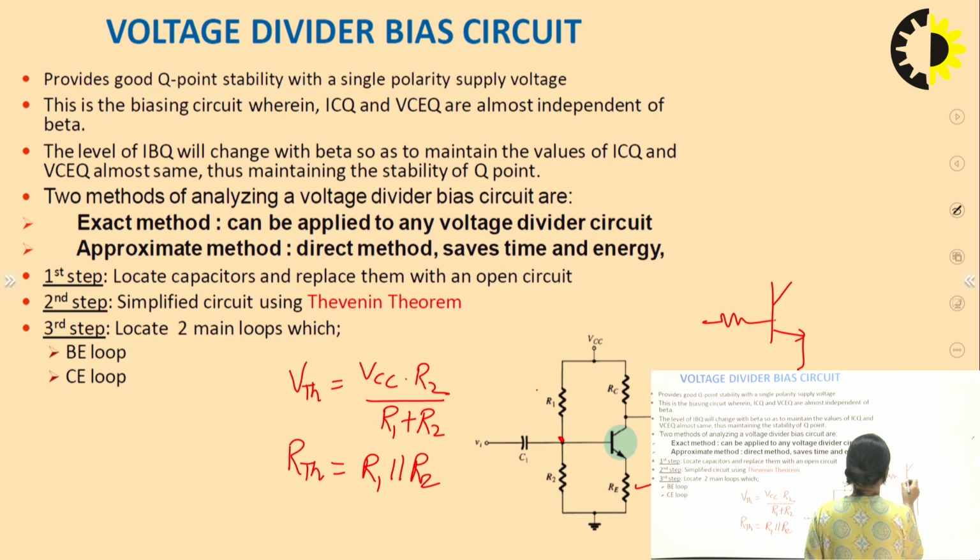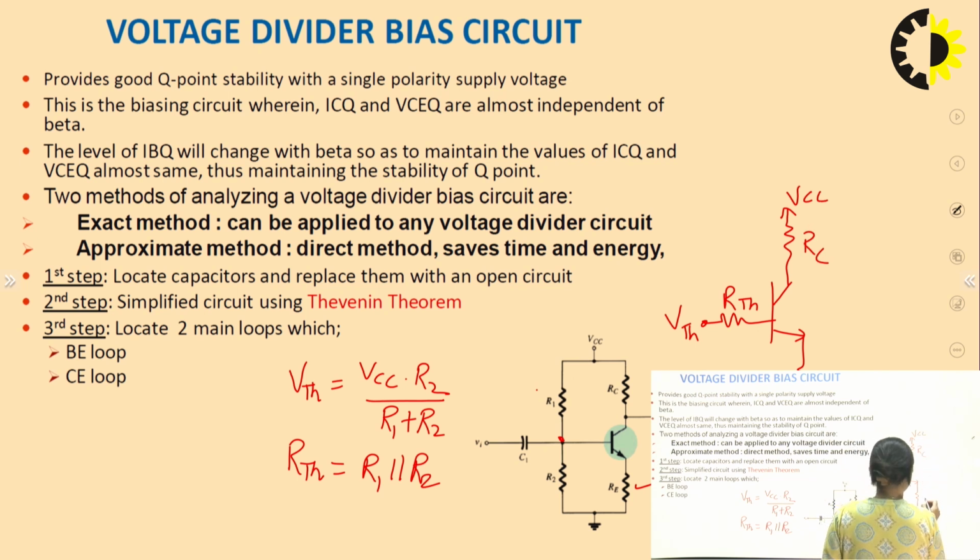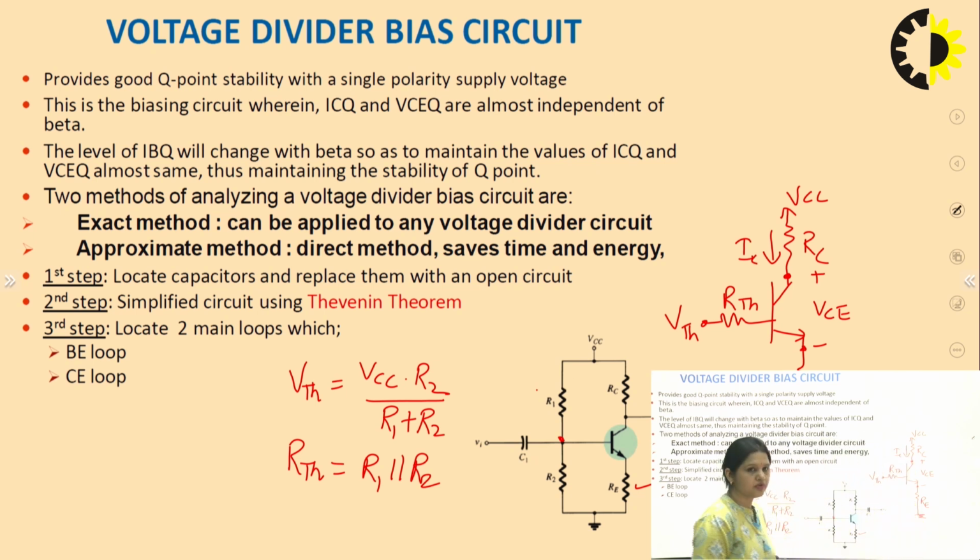This is RTH, and here the voltage is VTH, and now this is connected with VCC, and this value is RC, this is RE, and this terminal is grounded. So here we can calculate the value of VCE, and the current in this resistor can be known as IC. So this is the simplified version of the voltage divider biasing.